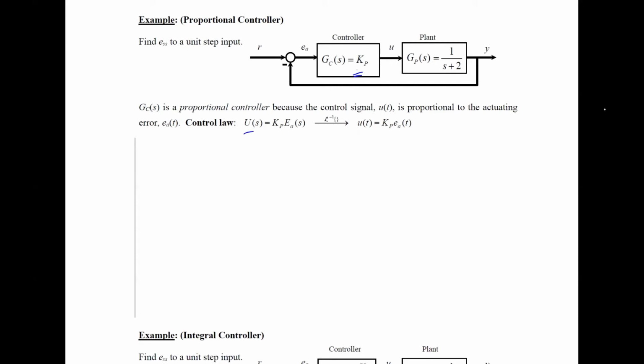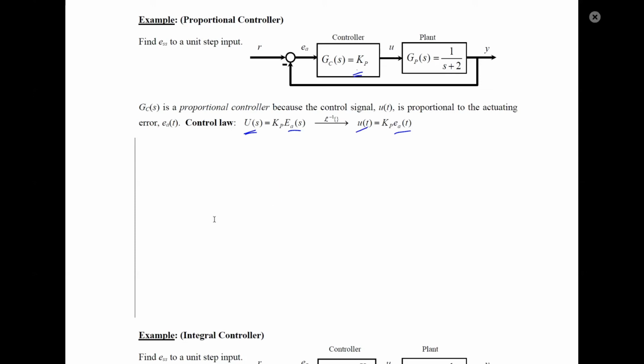The output of the controller, which is the actuation signal U(s), is just proportional, Kp times the input that goes inside the controller. So Kp times Ea(s). The controller just acts like a gain between the Ea signal and the output. If we take the inverse Laplace transform, we can also see that in the time domain, we end up having just a proportional relationship between the input to the controller Ea and the output from the controller u.